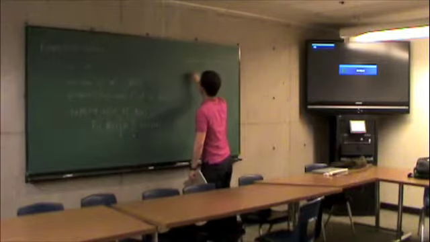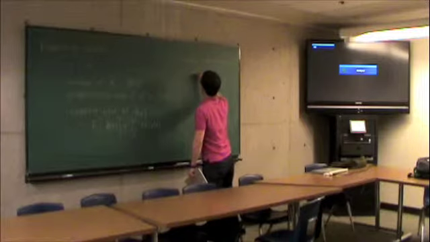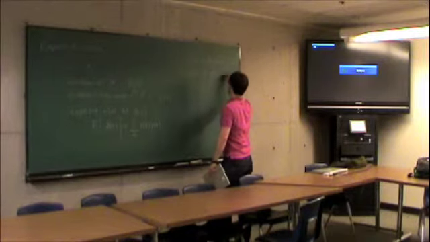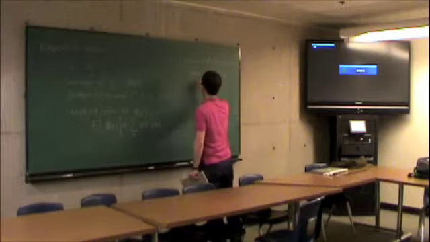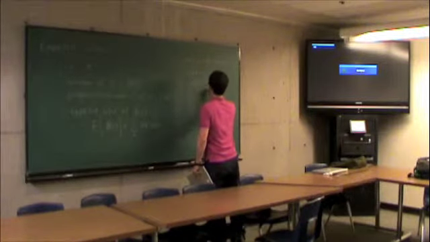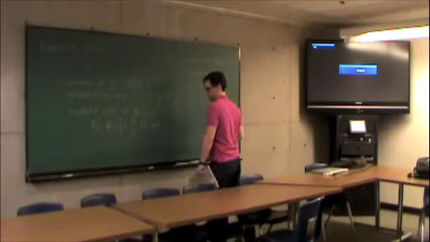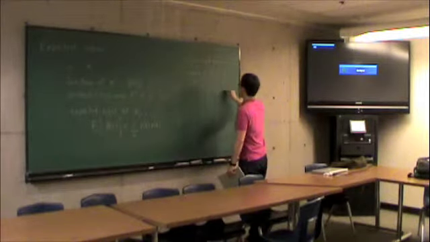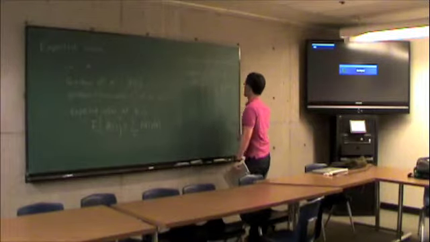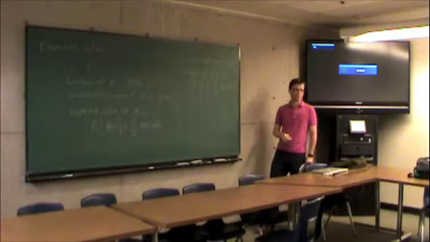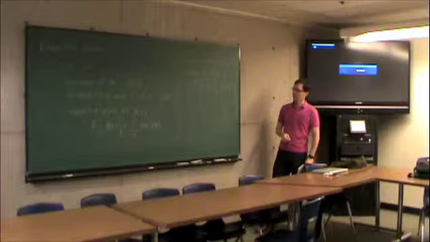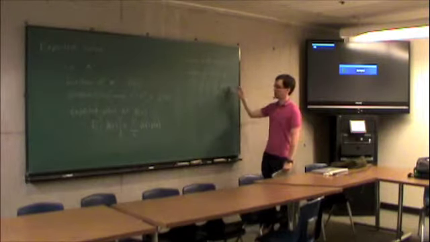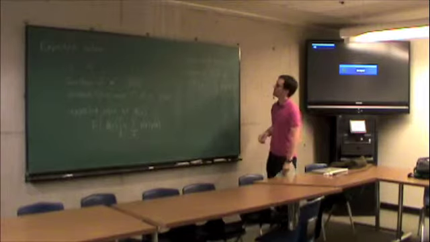So in mean, phi of x is just equal to x. So we have the expected value of x is just the sum over all x of x p of x. So if you like, the values of the random variable are sort of centered around this value. This is the central value.